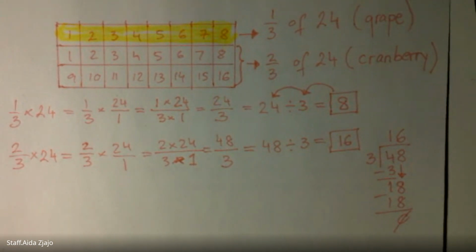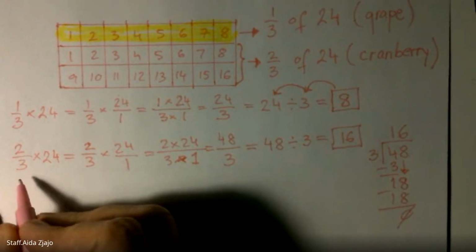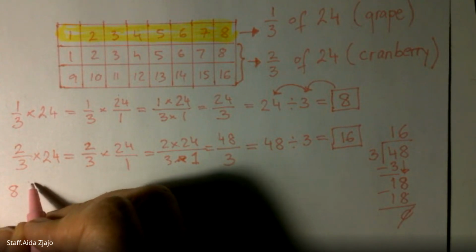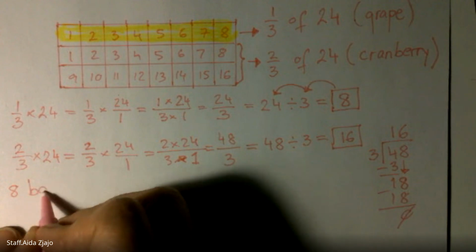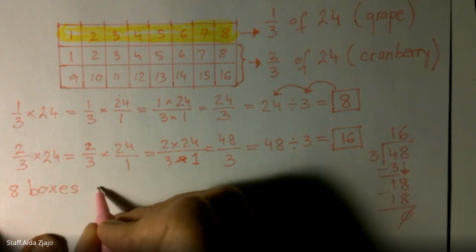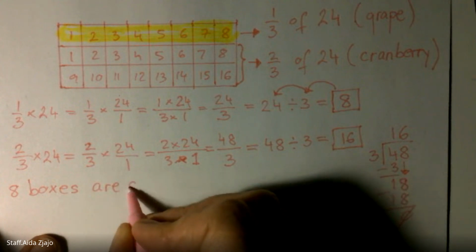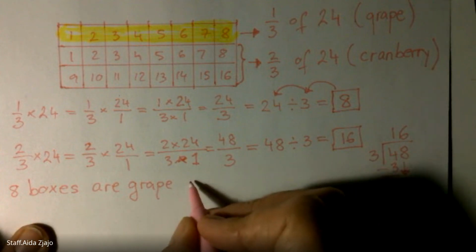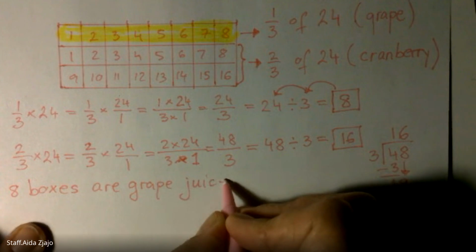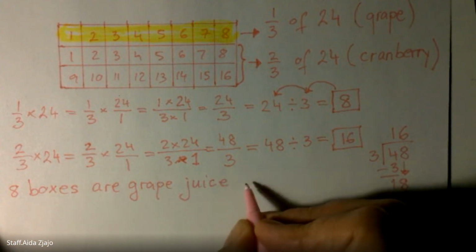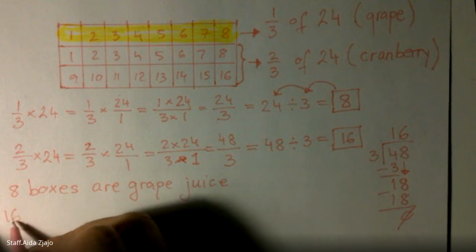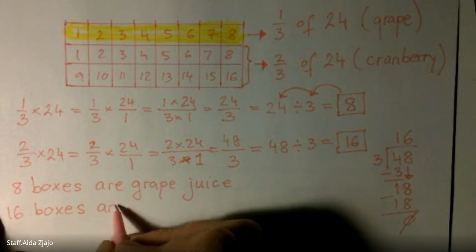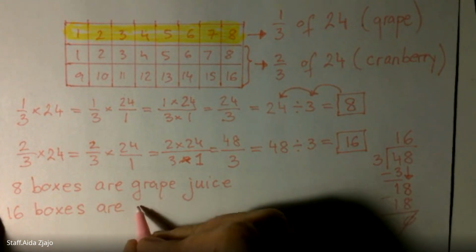So we can say 8 boxes are grape juice, and 16 boxes are cranberry juice.